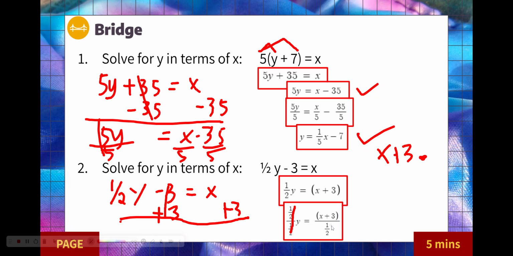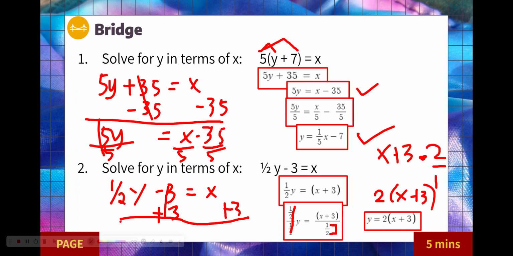The reciprocal of 1/2 is 2 over 1. Therefore, you'll have an answer of y equals 2 times x plus 3, because if you put 2 here, it will give you the equation in terms of y.